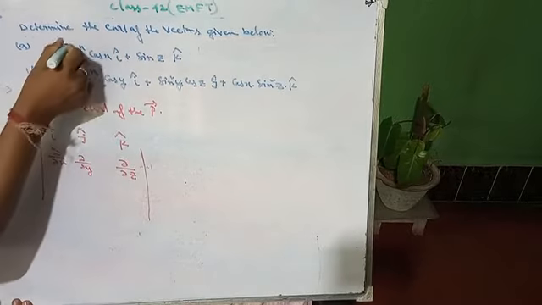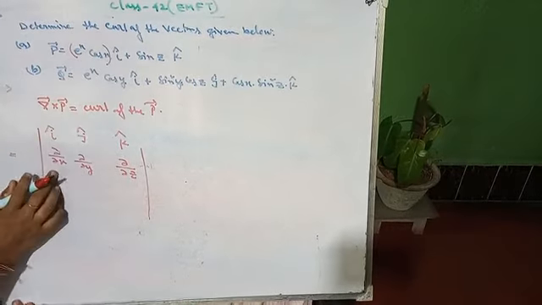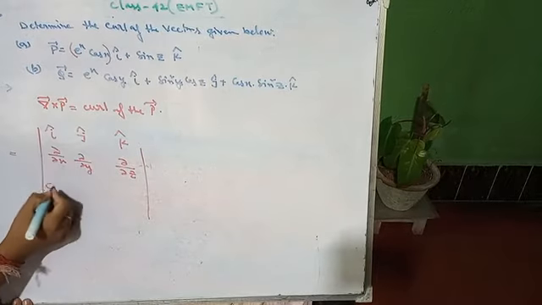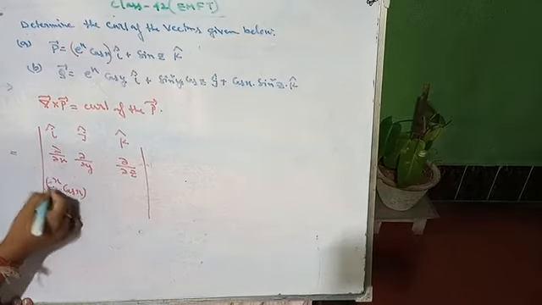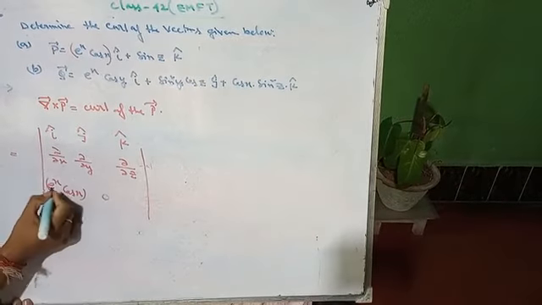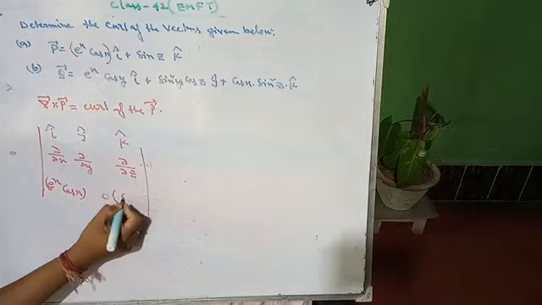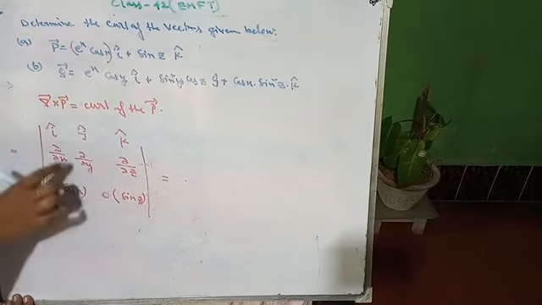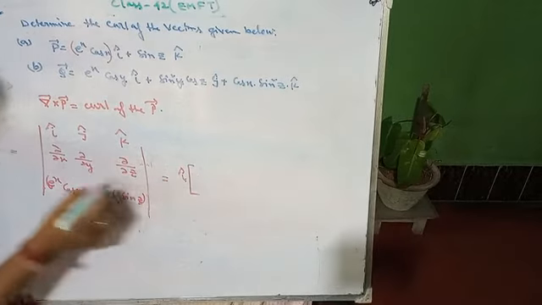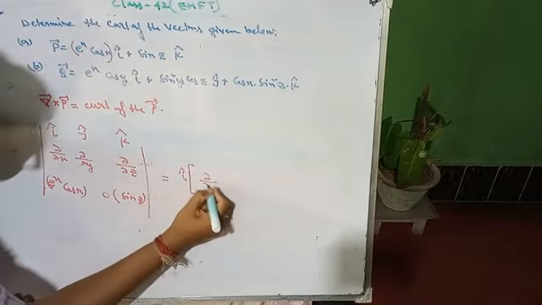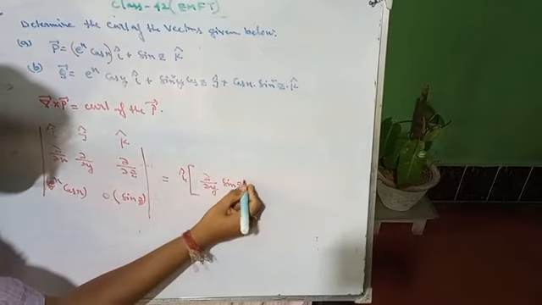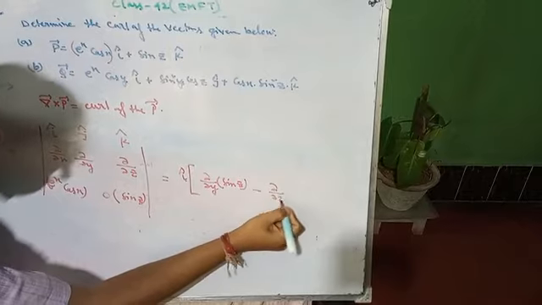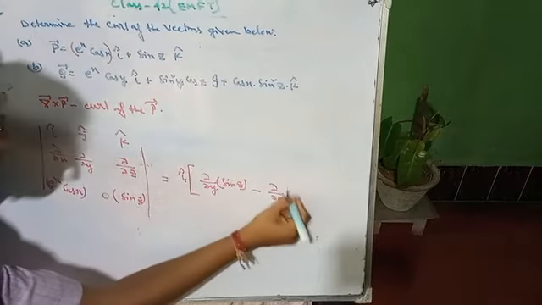So del x i cap, you have to perform this one, and p vector means this one. So e to the power x cos x over here, and there is no j part, that is 0, and for the z part, sin z only here. So what will be your determinant multiplication? I cap taking common, del y of sin z, minus del z of this one, that will be 0.